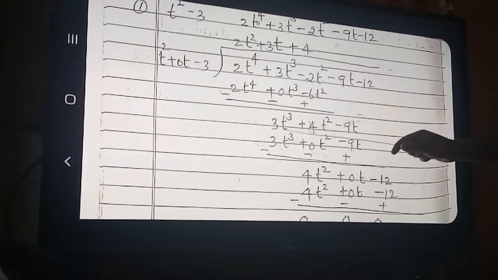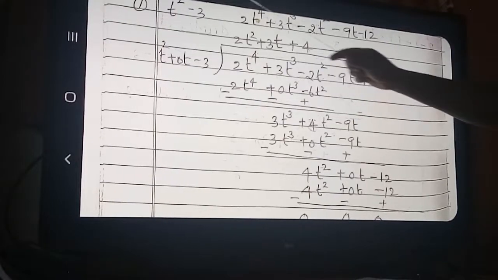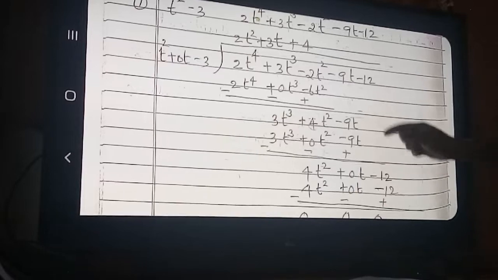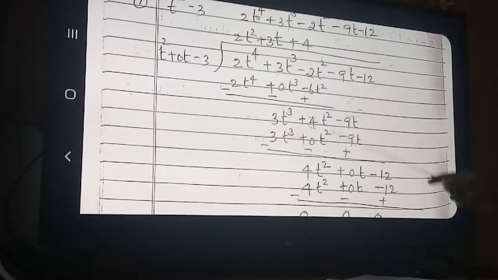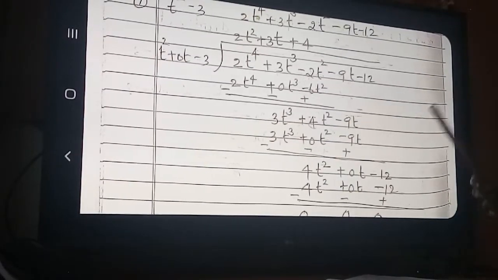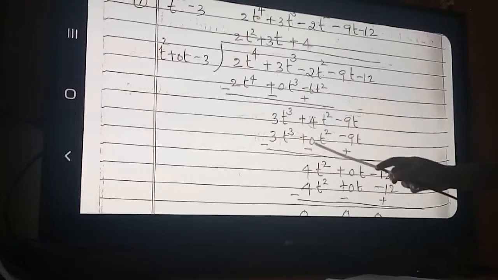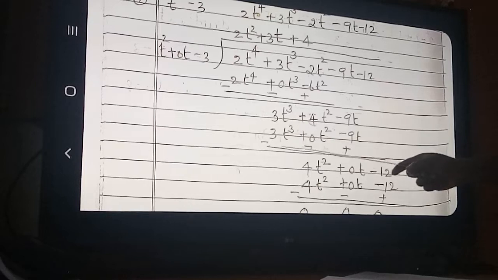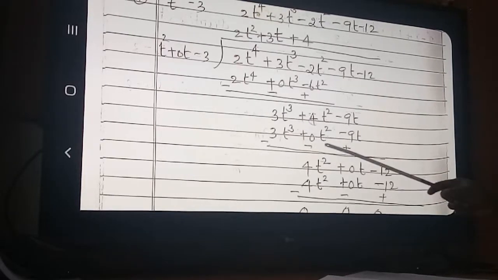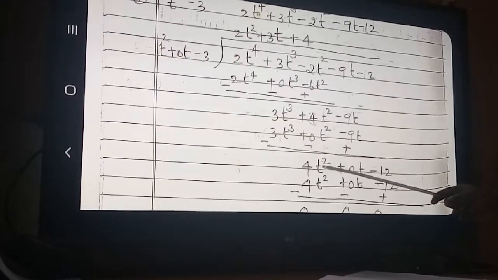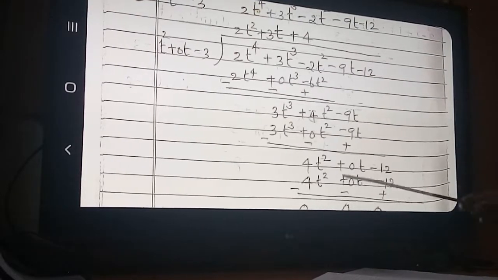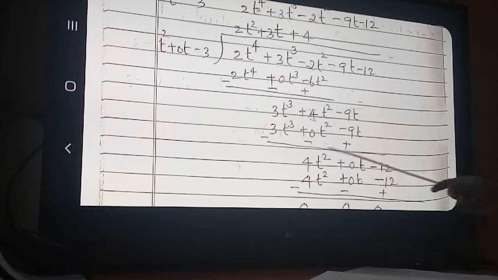Then here also divide this polynomial, the first term by first term, you will get 3t, and multiply 3t square, t cube, 0t square. 3t into minus 9t, change the sign and add it. Minus 3t cube minus 3t cube 0, 4t square minus 0 means 4t square only, minus 9t plus 9t cancelling 0t getting, and now here 4t square plus 0t.